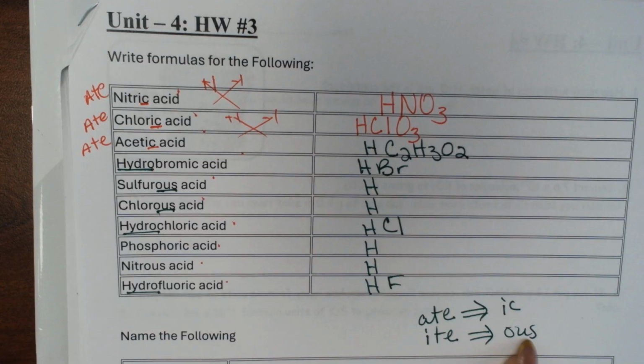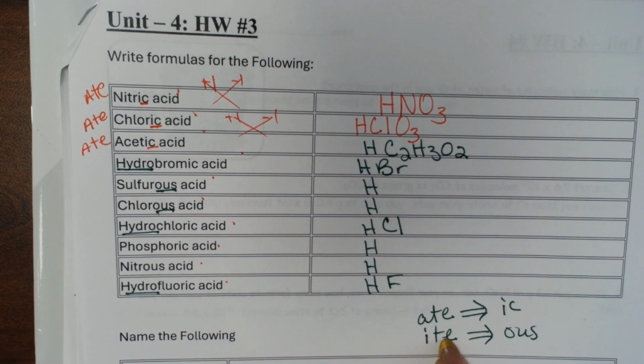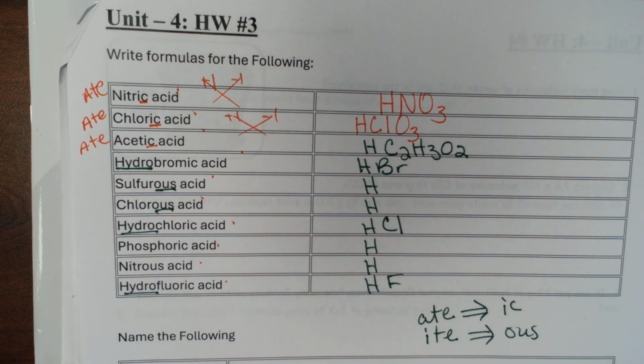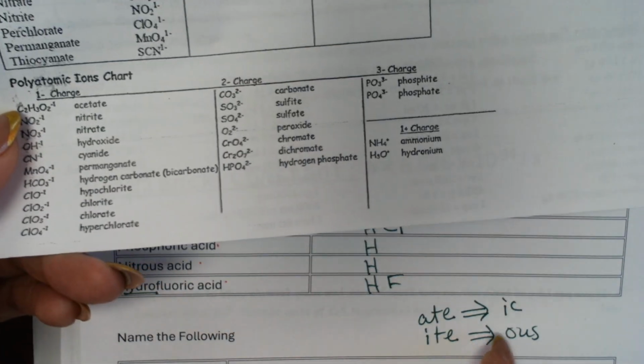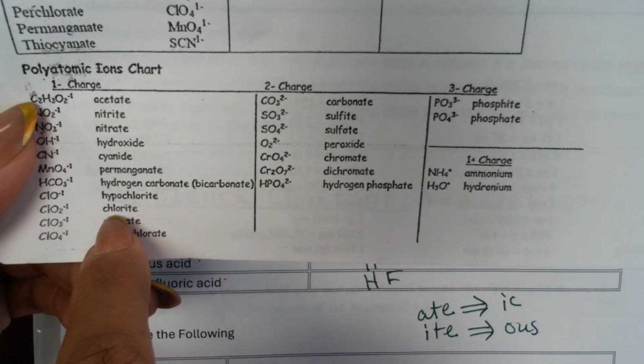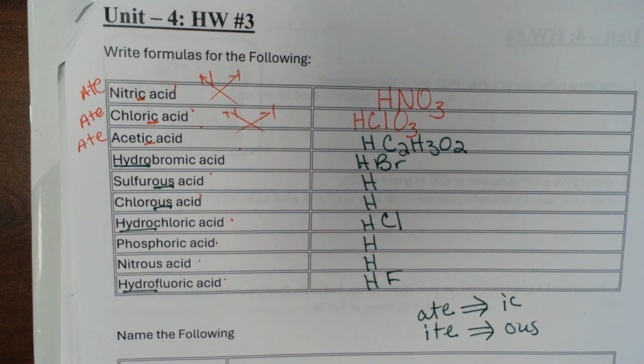If it's OUS, then it's ITE when we look it up on the polyatomic chart. So I'm going back to my polyatomic chart. For OUS, I need to look for an ITE.